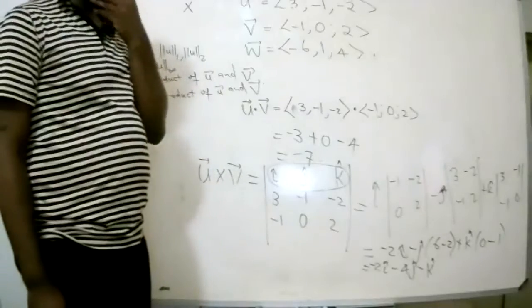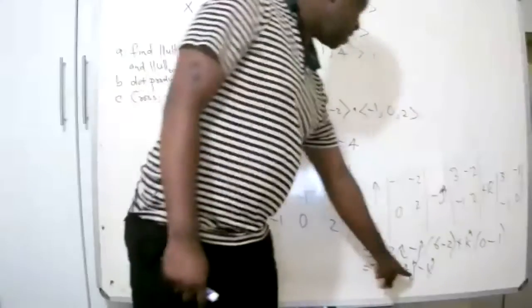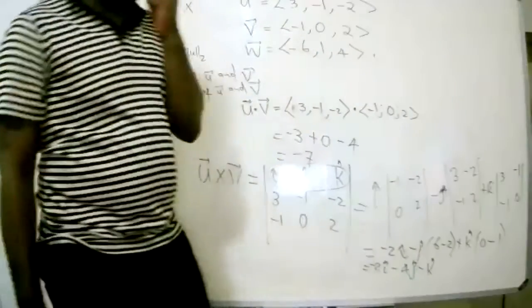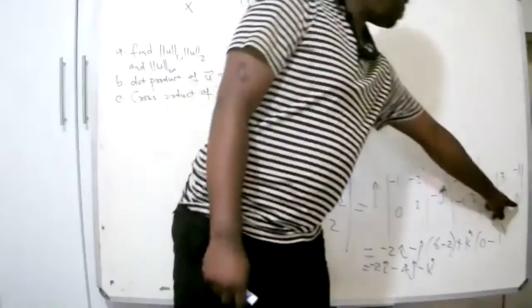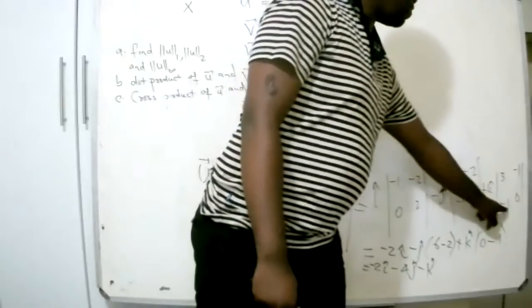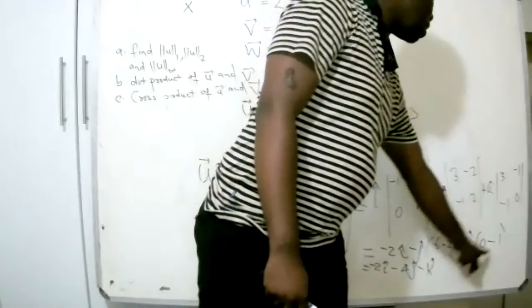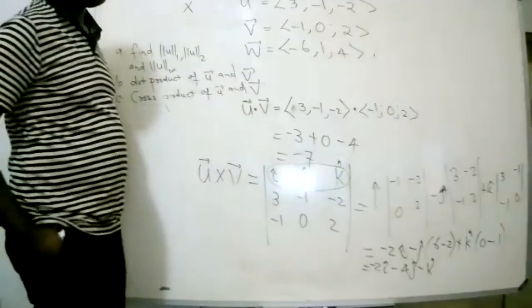Okay. So that's the number. Then multiplier 0 and 3, then 0 multiplied by negative 1 and negative 1, 0 and 3 and negative 1.